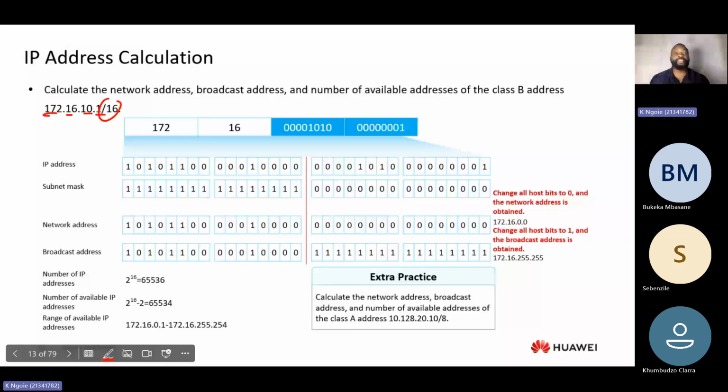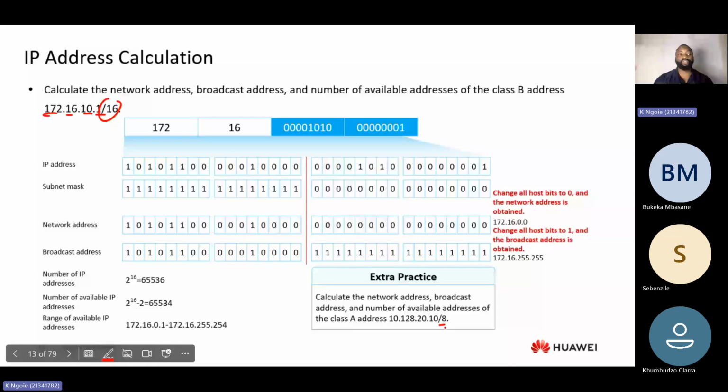This prefix of 16 means that we have 16 bits for the network and the rest will be for the host, because in total we need 32 bits.